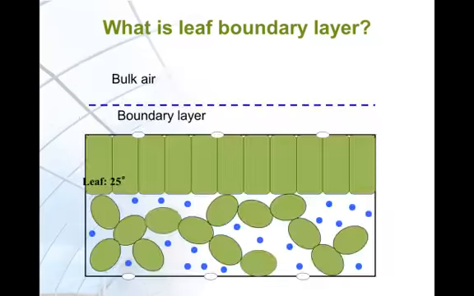So this diagram is showing a conceptual presence of boundary layer separating from bulk air. Those are the stomatal opening, that is the entrance of gas exchange. Often the microclimate within the boundary layer is very different from bulk air.